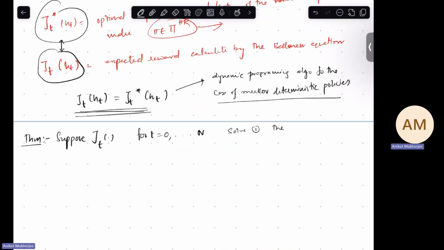Solve 1. Then we have JT star HT equal to JT HT for all HT belongs to history and T belongs to 0 to N.